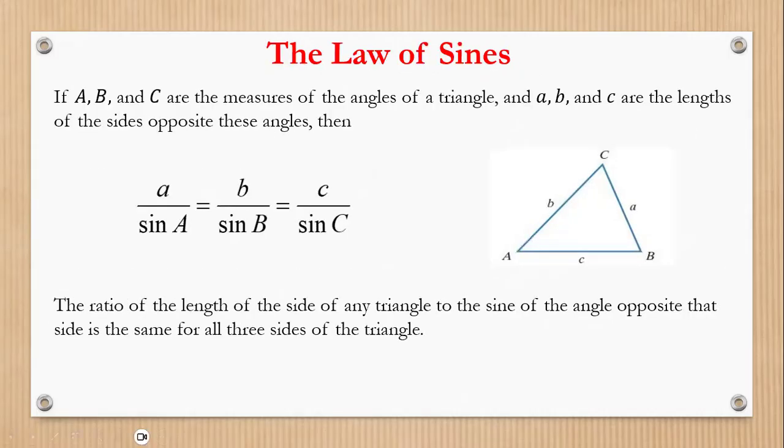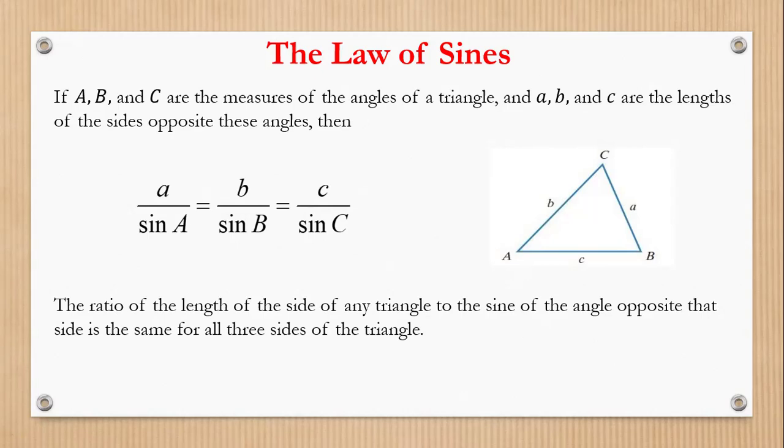What's the law of sine? The law of sine is a relationship between the sides and angles. It tells us that the ratio of the length of a side in any triangle to the sine of the angle opposite to that side is the same for all three sides.